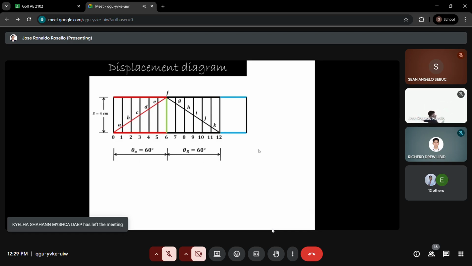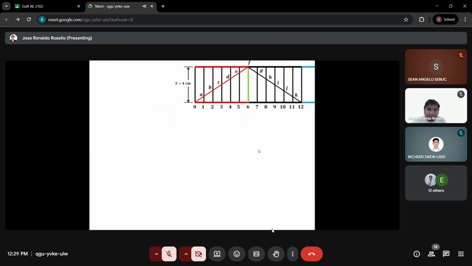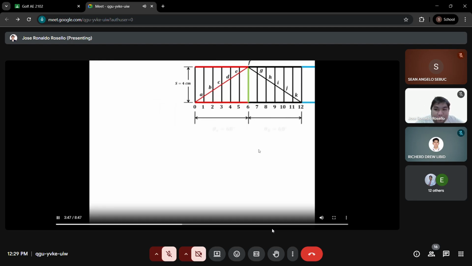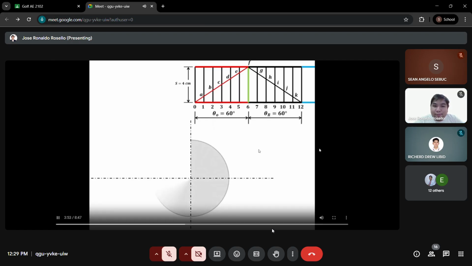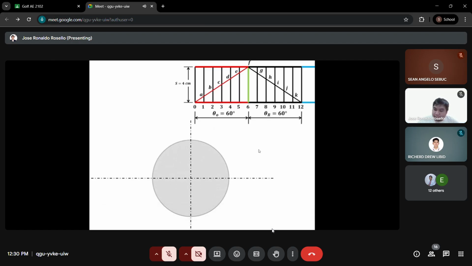So let us start with our first case, that is the inline knife edge follower. We'll draw the center line as indicated over here. Then here you show the inline setup, the minimum radius of 43 mm or 4.3 centimeter.